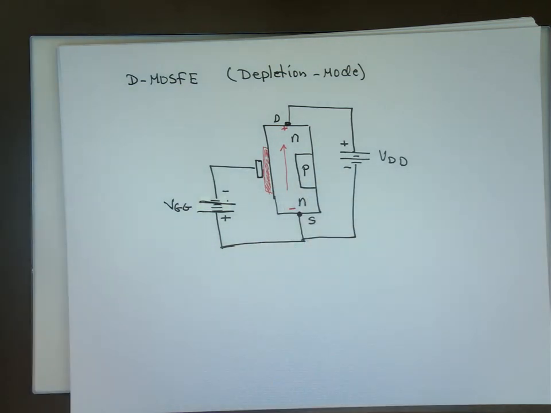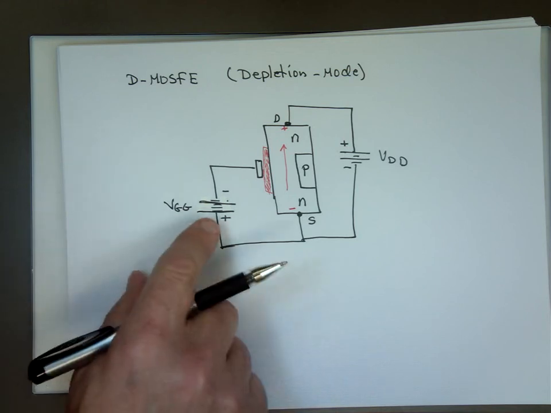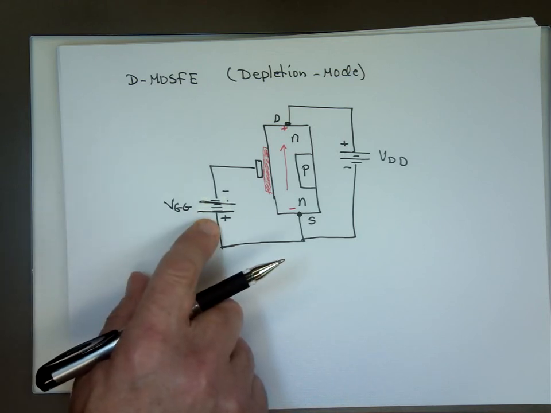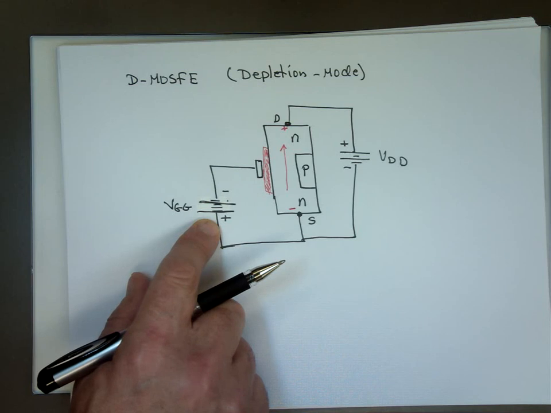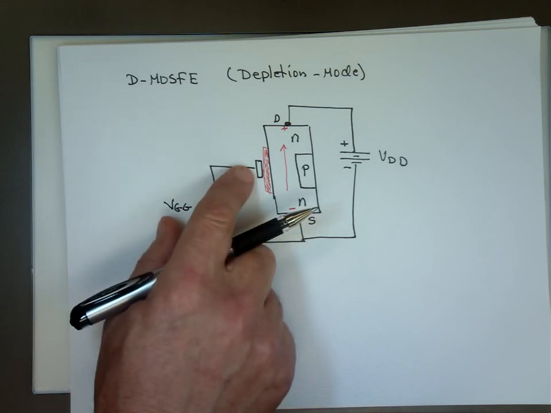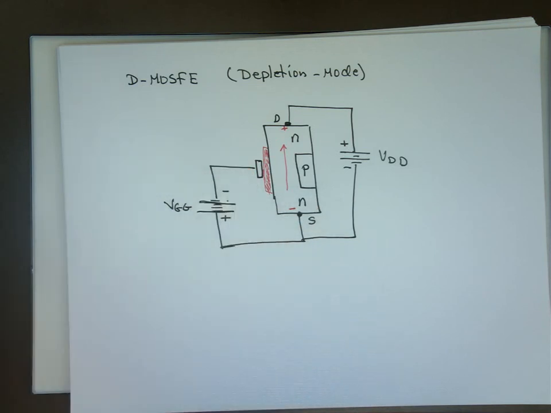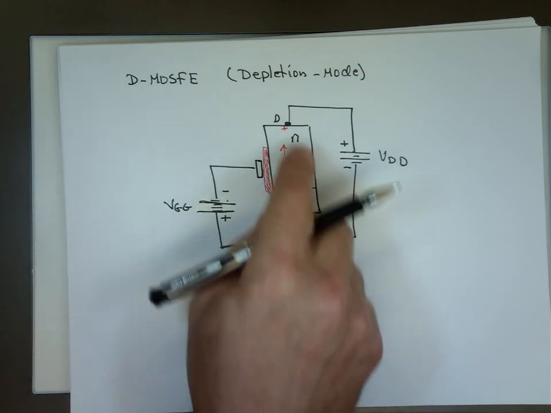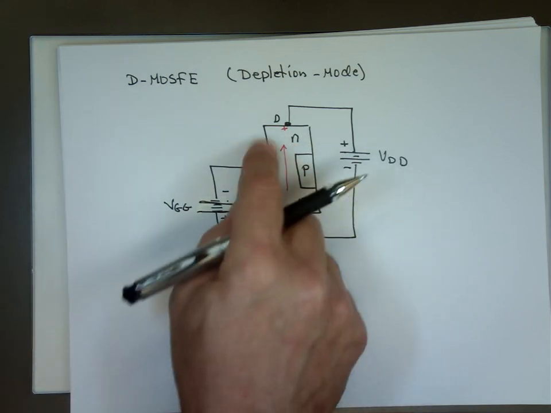Now, the more negative we make the gate voltage, what will happen if you make this negative? The smaller the drain current. Why? We narrow that area. That becomes smaller and smaller.